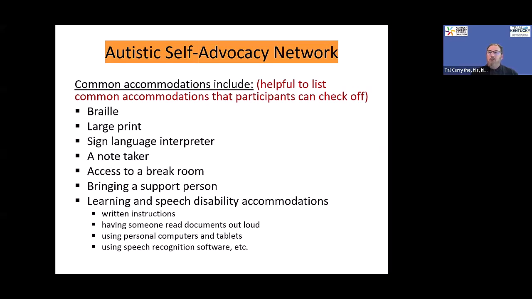One might be Braille, larger print, a sign language interpreter, a note taker, access to a break room, bringing a support person, learning and speech disability accommodations that could include written instructions, having someone to read documents out loud, using personal computers and tablets, or using speech recognition software.